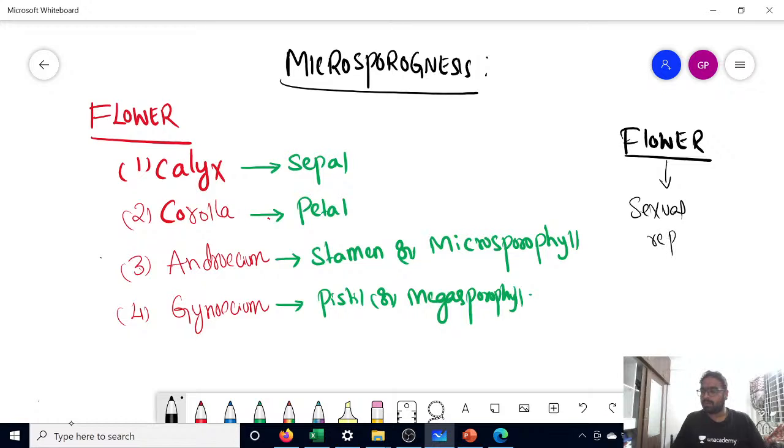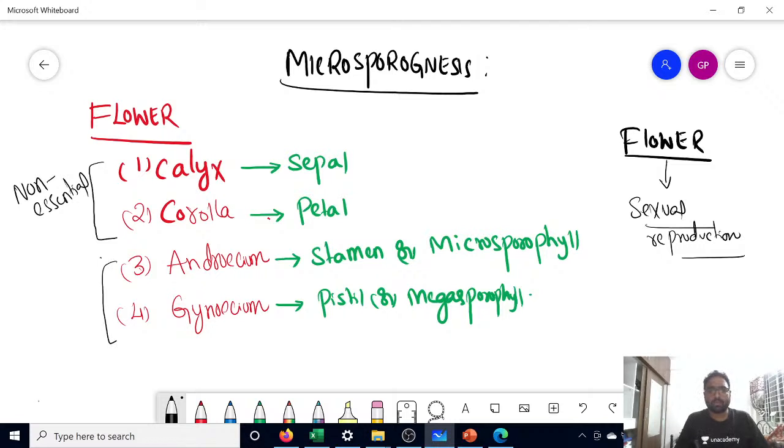The main function of flower is sexual reproduction. So in this, the first two parts are called non-essential parts. The next two we are calling essential organs of a flower.